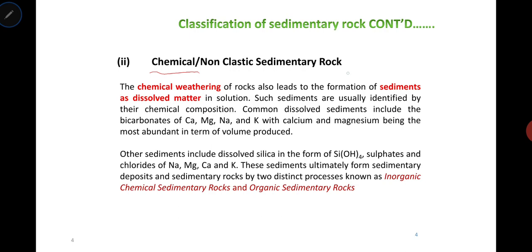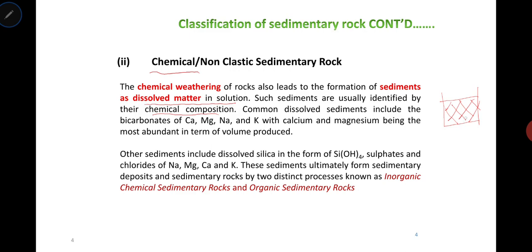The sediment is in terms of dissolved matter in a solution. So such sediment is identified by their chemical compositions. So if the sediment accumulates in one place, this sediment is known by its chemical composition.